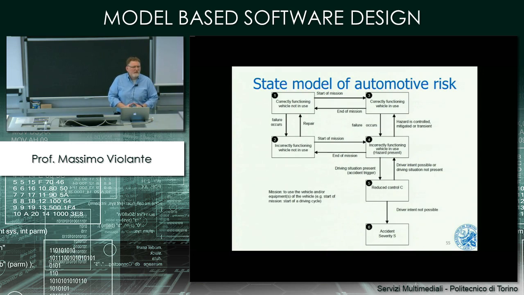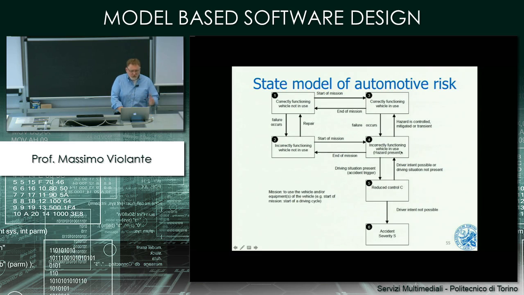The ABS, for example, is not able to read anymore the speed of the right front wheel, the one that was connected to the link that has been detached. So here we have an incorrectly functioning vehicle in use.